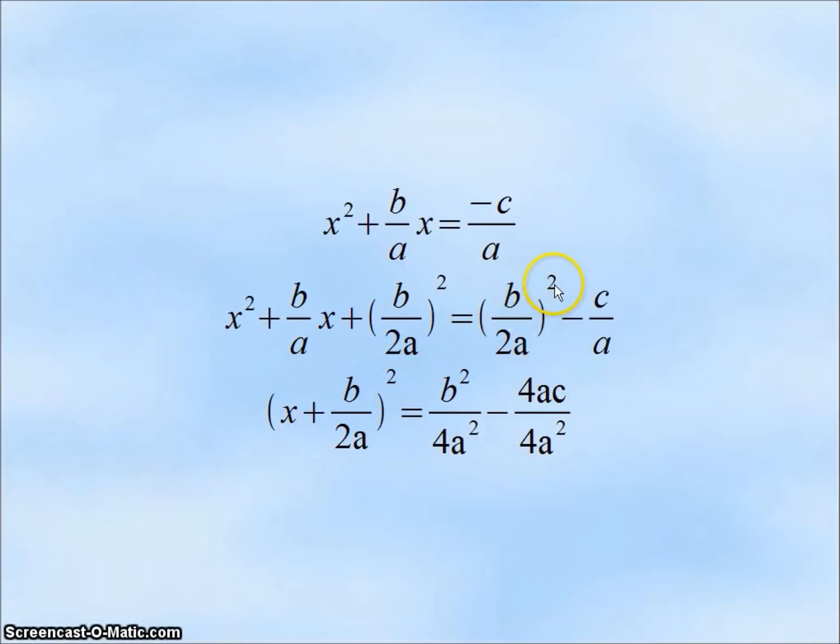Evaluating this side, b squared, evaluating the denominator, and over here, essentially just giving us a common denominator. Since this is 4a squared, my numerator here needs to have an extra 4a, as that's what I had to apply to this denominator.